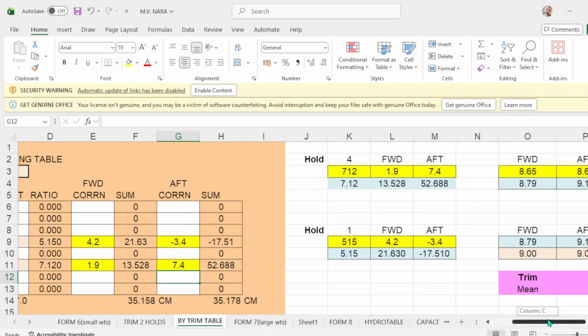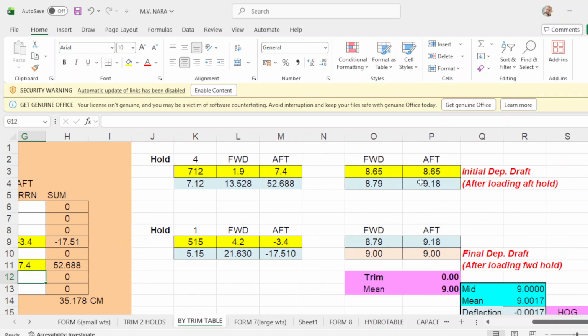Okay? Now, this is your initial drop of 8.65 forward, and up is 8.65. After completion of loading of hold number 4 of 712, this will be your drop. Forward will be 8.79, and up drop of 8.818. You carry this down, then you will now load in number 1 after finishing hold number 4.